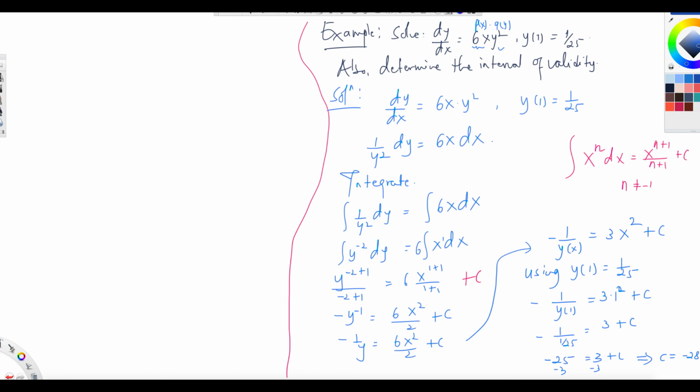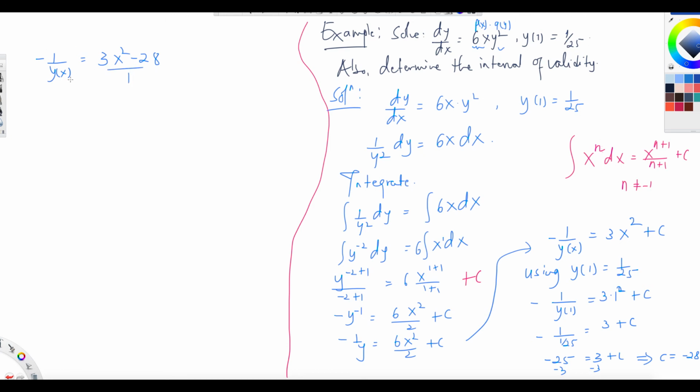So let me continue from there. I want to plug in that c, negative 28, here. So what I get is negative 1 over y of x equals 3x squared minus 28. You see that? Now there is y in the denominator, right?